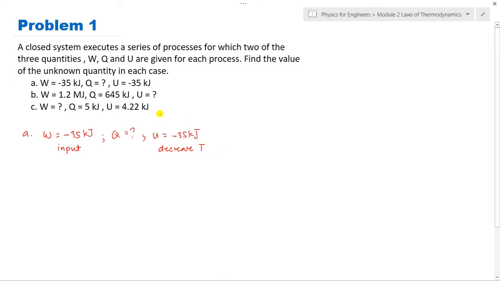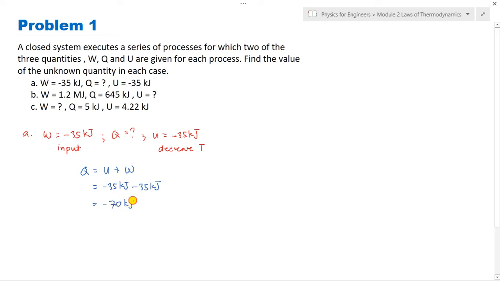By the first law of thermodynamics, Q is equal to internal energy plus work. To find Q, just substitute and copy the signs. Negative 35 kilojoules, and work is negative 35 kilojoules also. So the result would be negative 70.